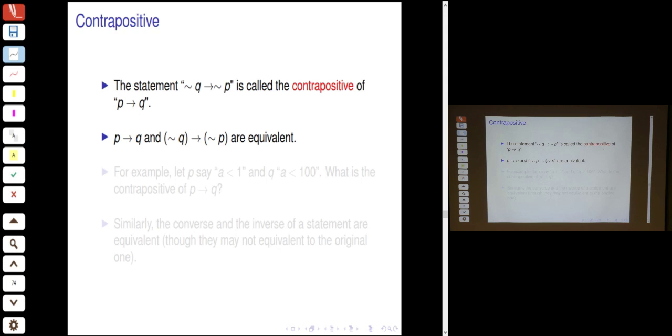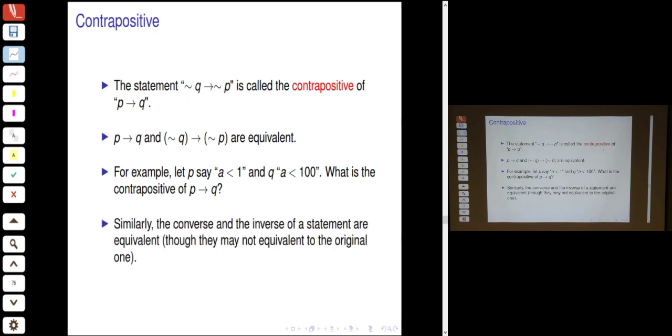You can draw a truth table. Okay. So look at the same example. P arrow Q says if A is less than 1, then A is less than 100. What is the contrapositive? It says if A is not less than 100, then A is not less than 1. Okay. So that's the contrapositive.